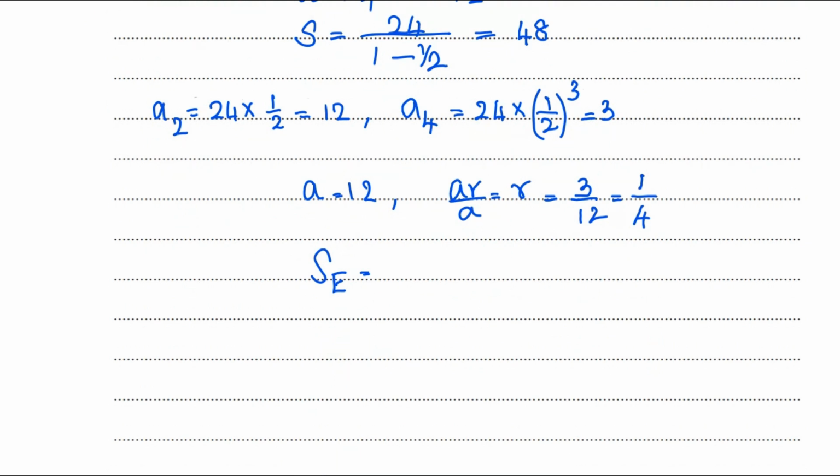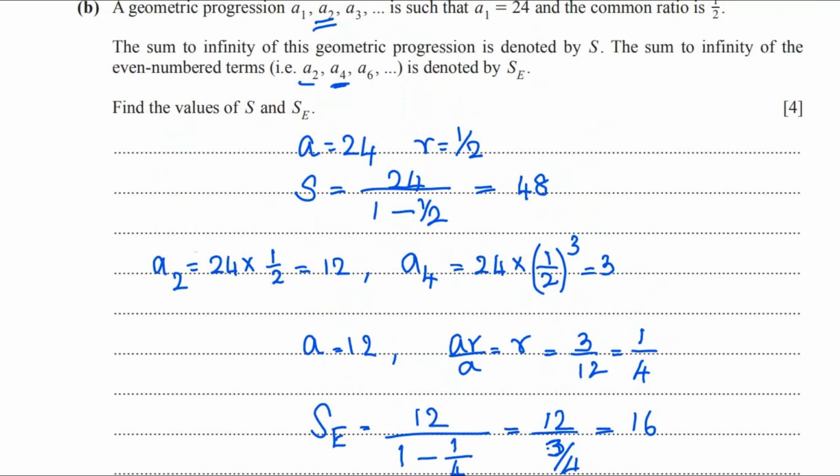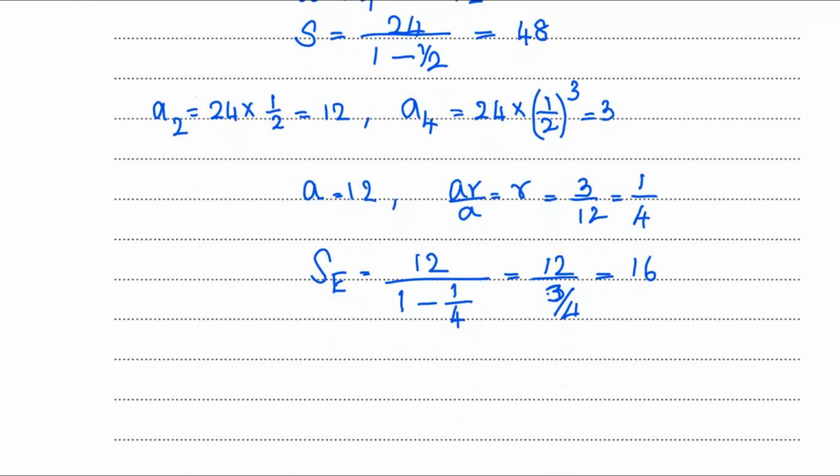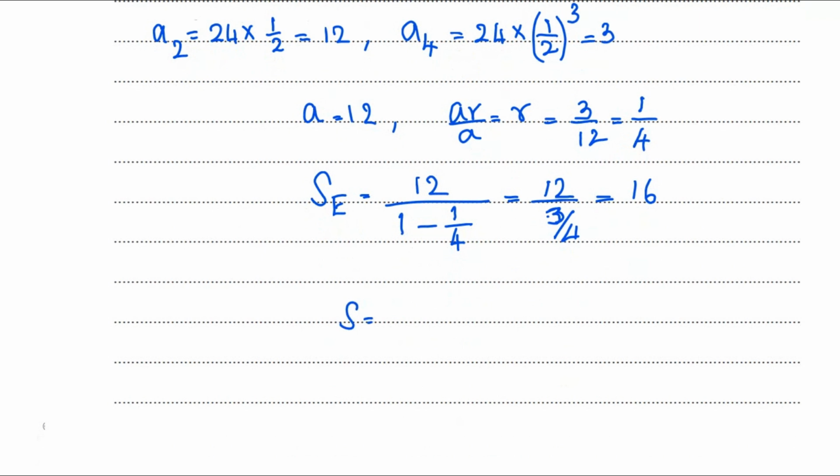So a divided by 1 minus r, that is 12 divided by 1 minus 1 over 4, which is equal to 12 divided by 3 over 4, which is equal to 16. So the value of S is 48 and SE is 16.